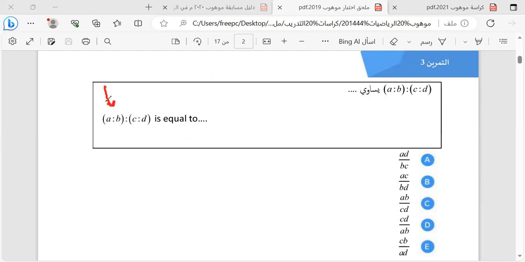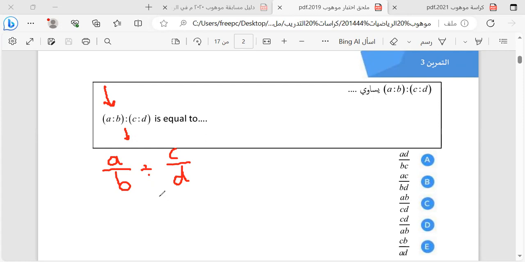Here, what is it? This ratio. You know ratio? Ryan, you know ratio? A over B. This ratio does mean division. Divided by C over D. Right? Then what will I do here?